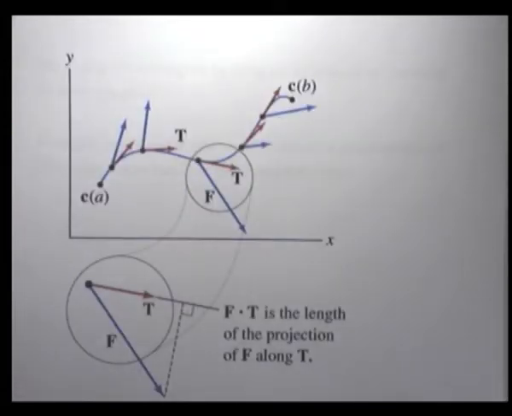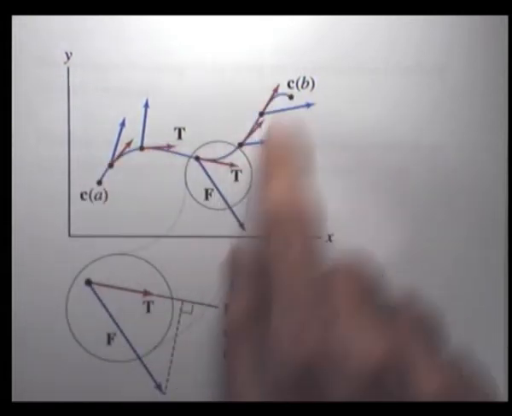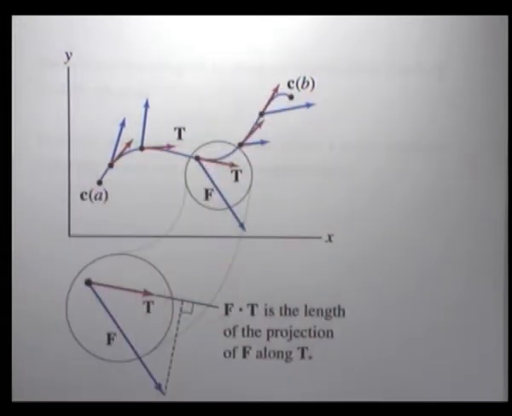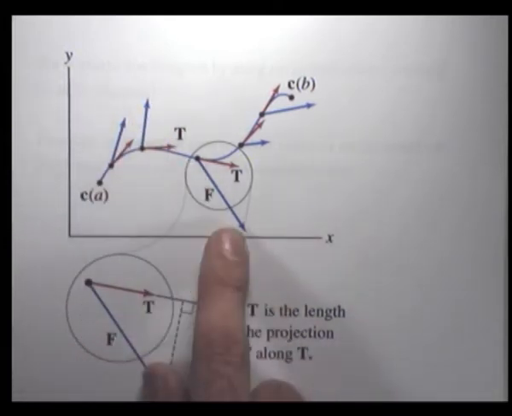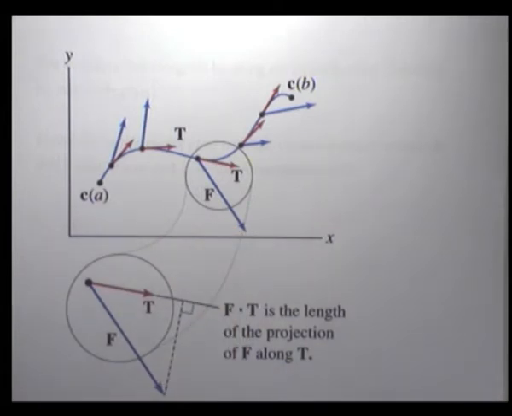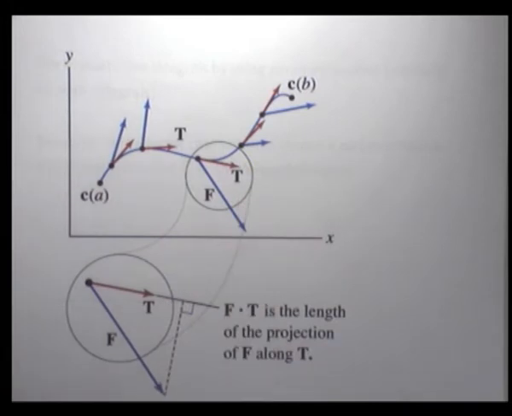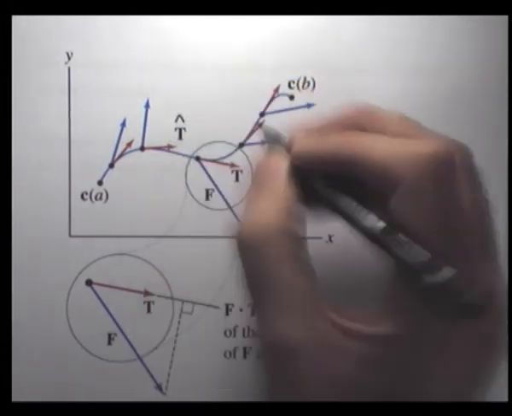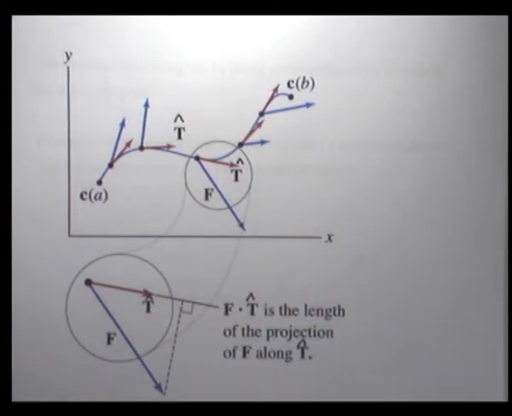So let's investigate a little further. Here, the blue curve is just the curly C. The blue vectors represent F at different points along the curve, and the pink vectors are the unit tangent vectors to the curve. Notice in this picture there are no hats; I always like to make sure we know that we're talking about unit tangent vectors.